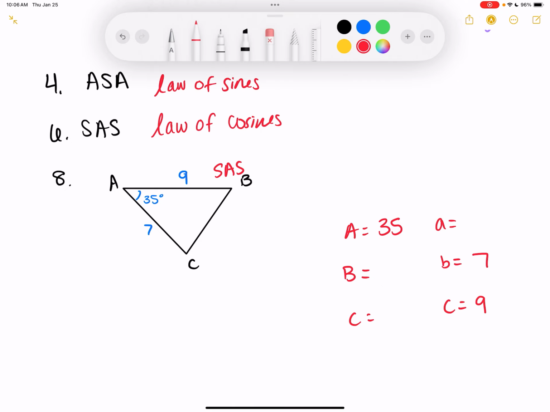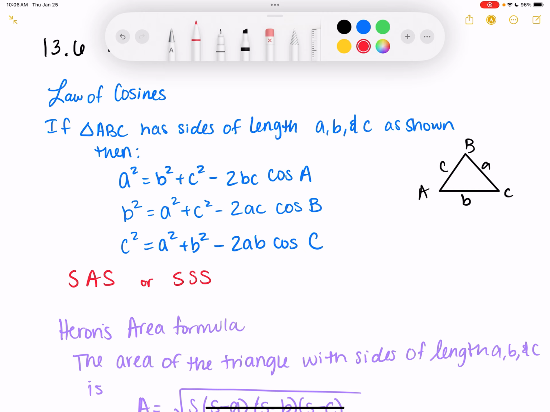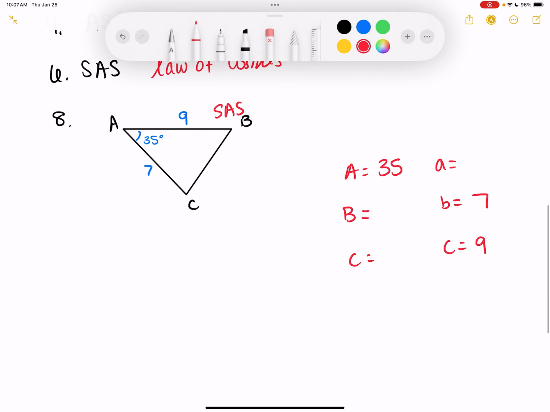Whatever side I want to solve for, I have to have the other two sides, but I also have to have that angle. So in this case, I have angle A and I have side B and side C, so I'm going to use the first one to solve for A, which is A squared is equal to B squared plus C squared minus 2BC cosine A.